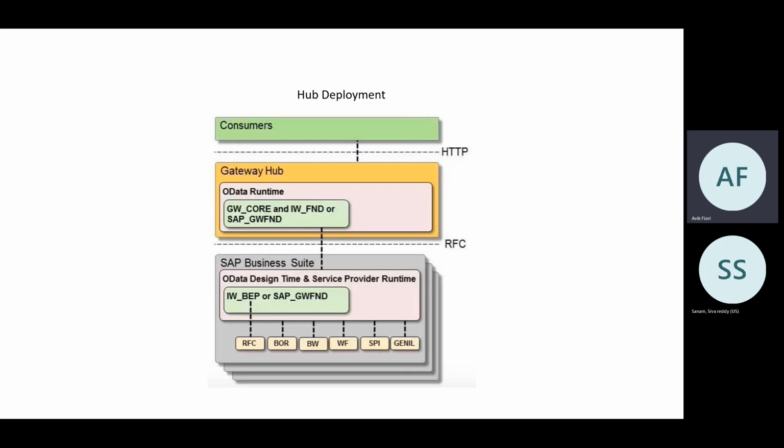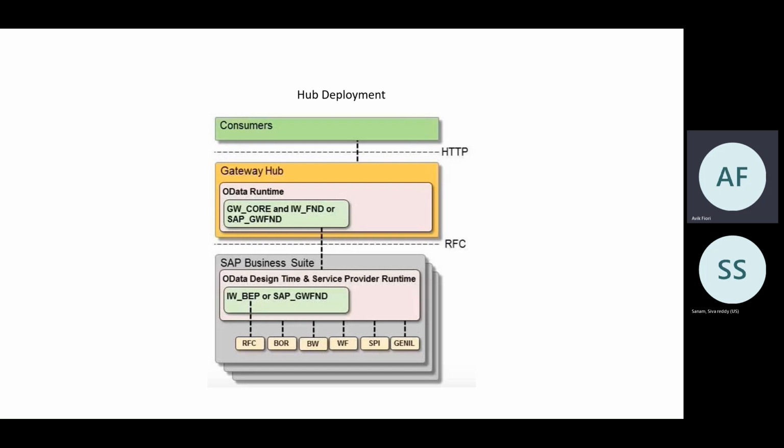For sure, because HTTP is a common protocol accepted as a standard if you want to access any service on the internet. So with the help of HTTP, you will access the OData services, and they will come from your gateway hub, which is nothing but your gateway server.